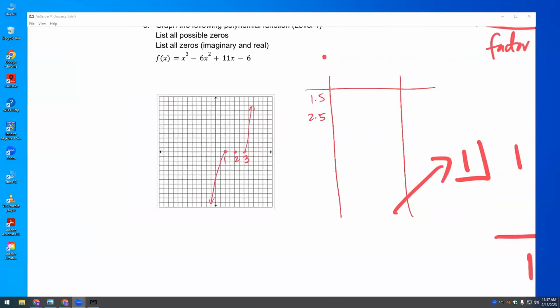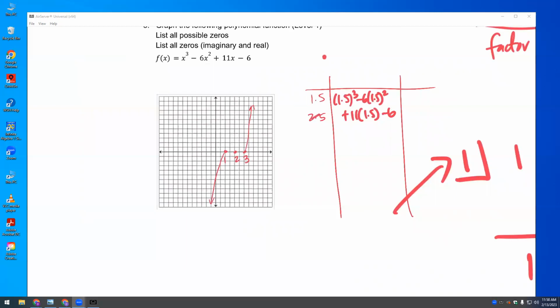So 1.5 to the third power minus 6 times 1.5 to the second power plus 11 times 1.5 minus 6, and 2.5 down here.